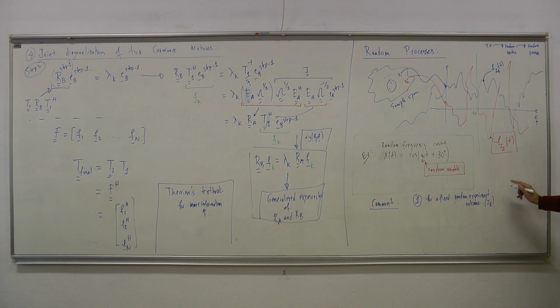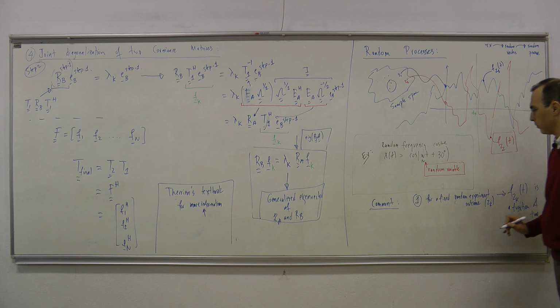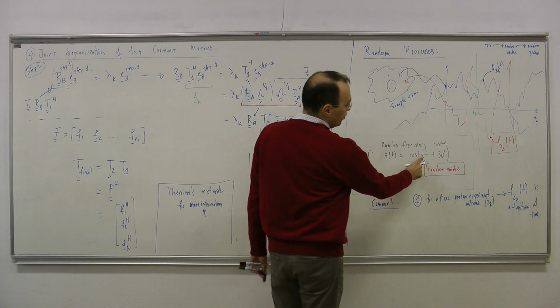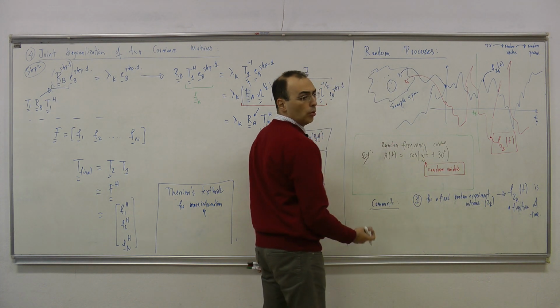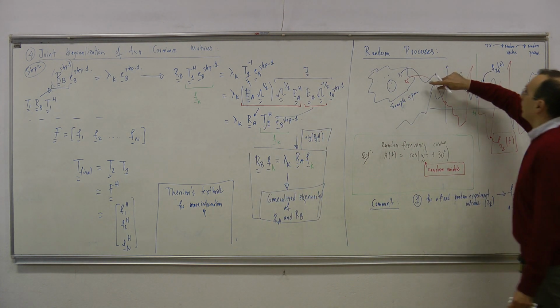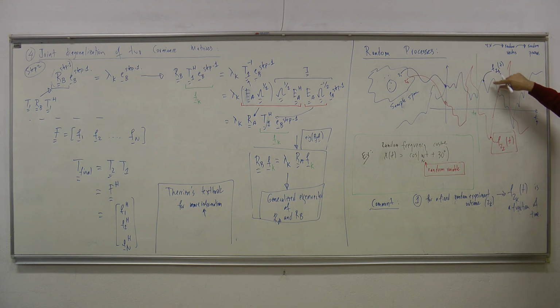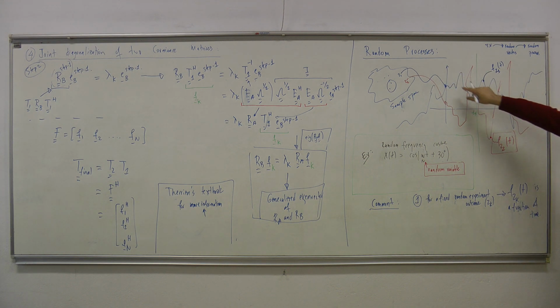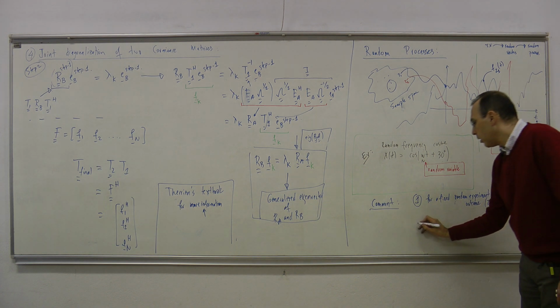Not gamma, tau k over here. So this f tau k of t is a function of time. Well, if I tell you this frequency, it is an ordinary function of time. If I tell you that you are on this blue curve, then this blue curve is just a function of time. Okay. Very good.